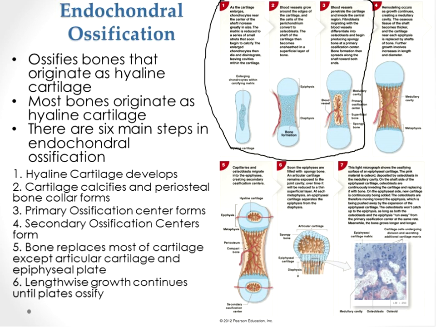Now, once the blood vessel pushes into the center of what will become bone, we now have what's known as the primary ossification site. And so fibroblasts are going to migrate with the blood vessel and are going to help produce what will be a little area of spongy bone, trabecular bone, and an endosteum.